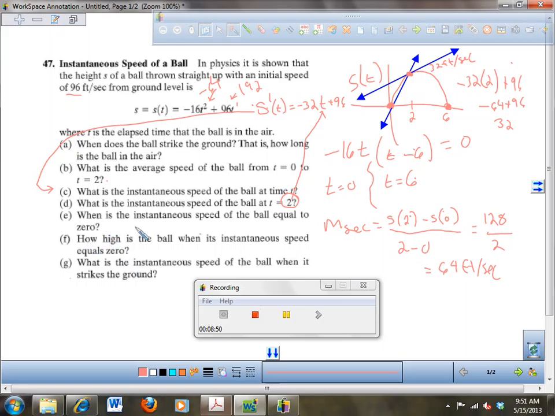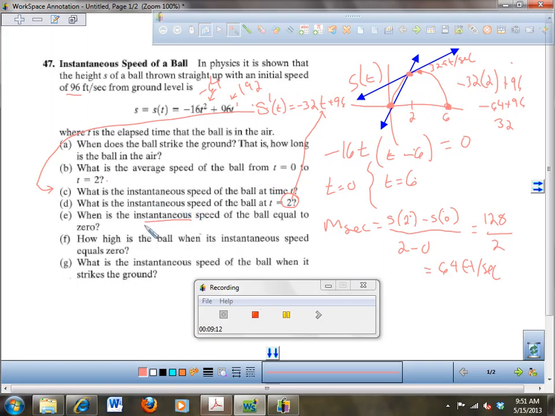When is instantaneous speed equal to 0? Well, where on the graph is instantaneous speed equal to 0? Not down here. It's going really fast there because it's coming up. So where is it equal to 0? At the top. And that does come out to be 3, exactly in between 0 and 6. If this were starting from a different height, it wouldn't be exactly at the middle.